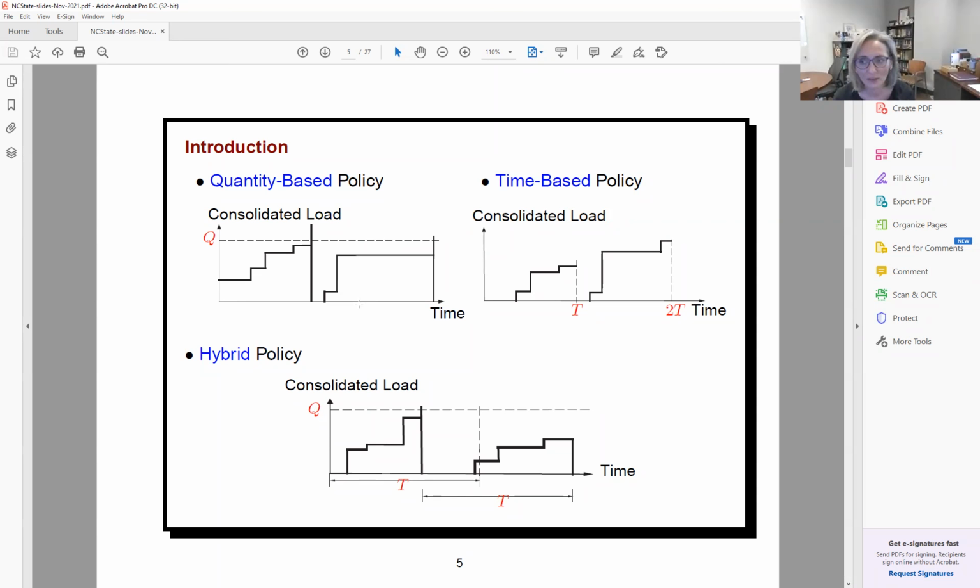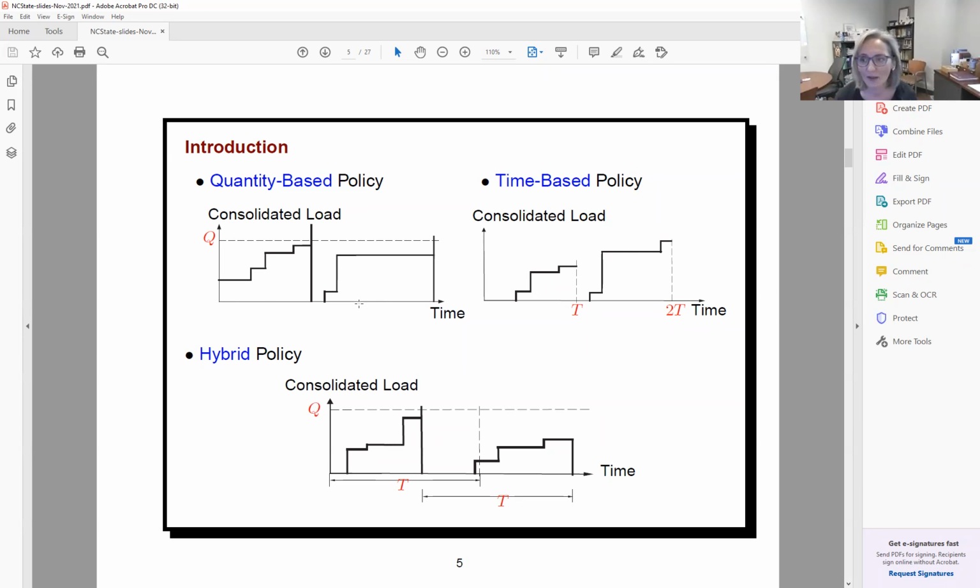And if you consider the stochastic nature of the demand under a quantity-based shipment consolidation policy, although you can guarantee a load that perhaps achieves scale economies, that perhaps achieves the minimum threshold, there is no way you can commit to a specific shipment release time, because the order arrival process, the demand arrival process, is a stochastic process.